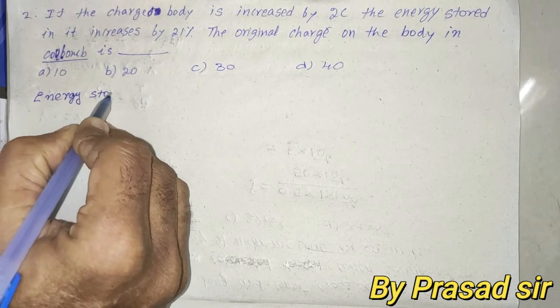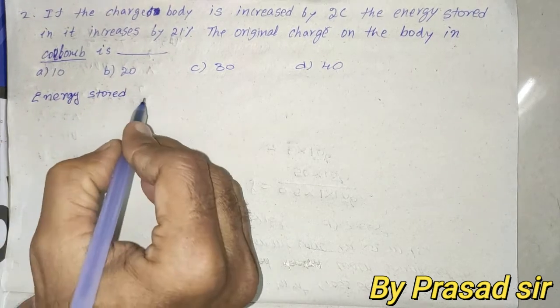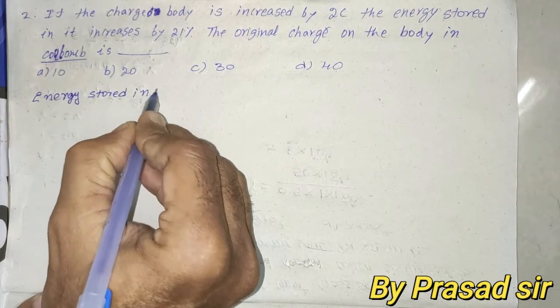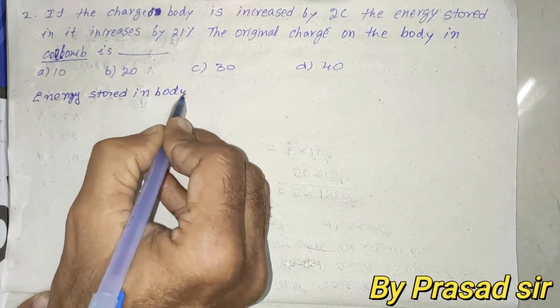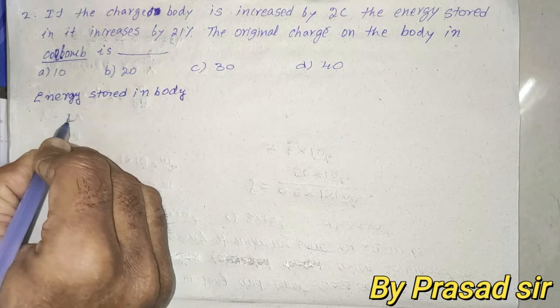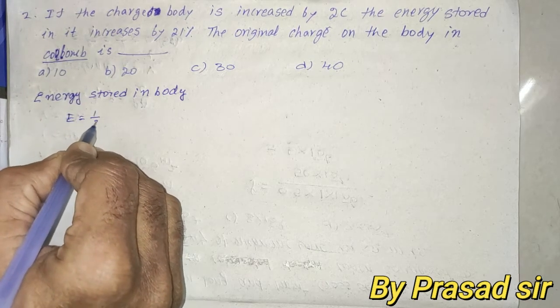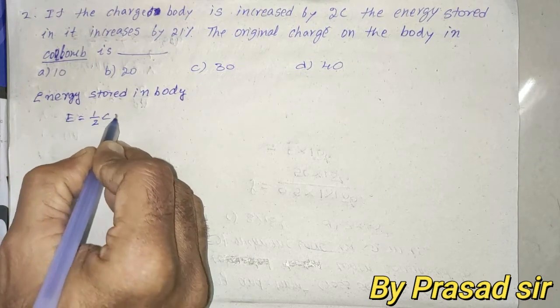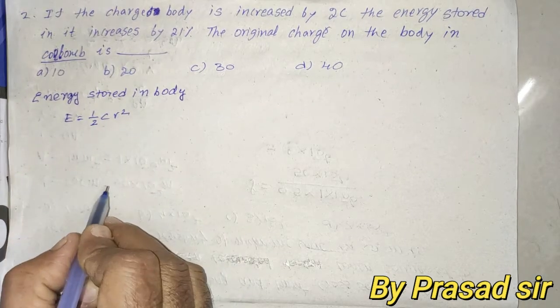Energy stored in the body, E is equal to half CV square. It is the formula.